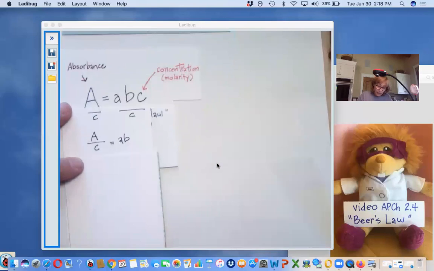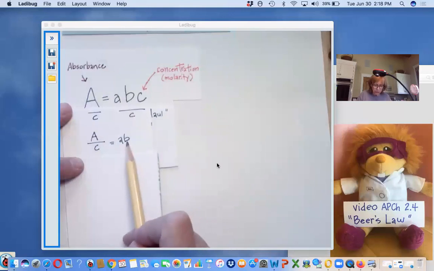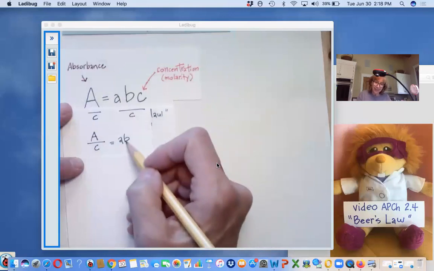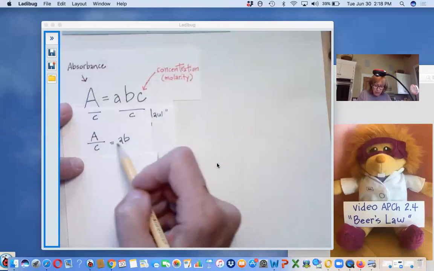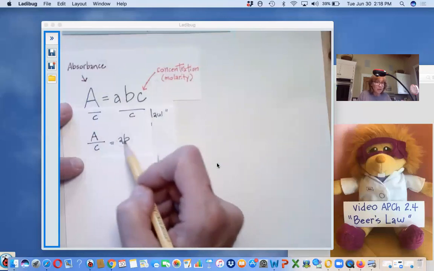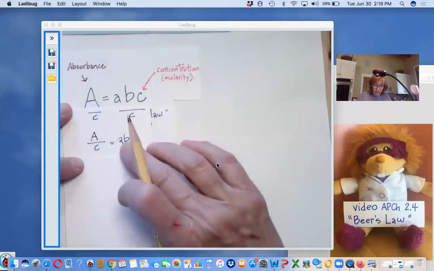And remember that in a series of experiments, that constant is going to be the same, and your path length in your cuvette, you're going to stick with the same size cuvette, so B will be the same. So this product right here is some number, which is constant.